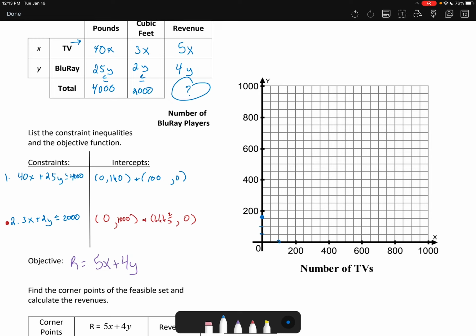And 100 would be here. So it's a very small little area. And the other one would be 0, 1,000, so way up here, and 666 2/3. So here's 650 and here's 700, so 666 2/3 would be like right here.